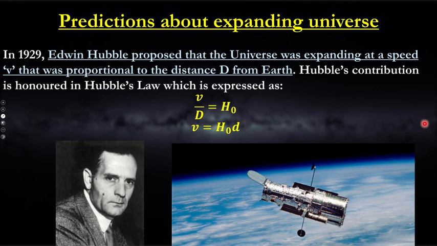So what this formula is showing us here is that the observed distance that we see is directly proportional to what we call the recessional velocity.